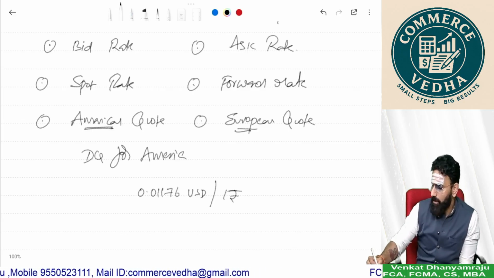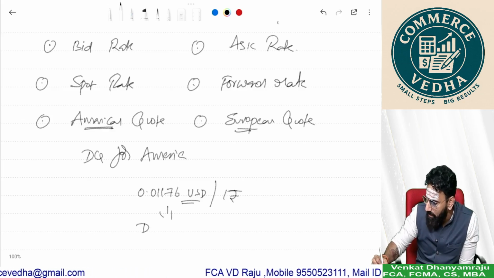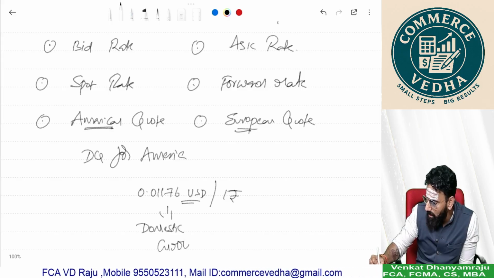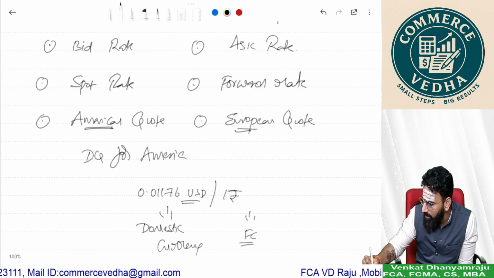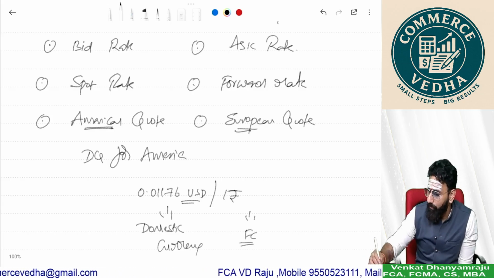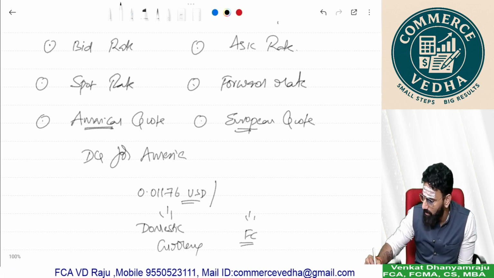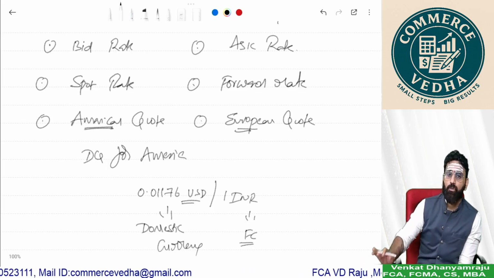Here in American quote, dollar is the domestic currency and rupee is the foreign currency. For America it is a direct quote.